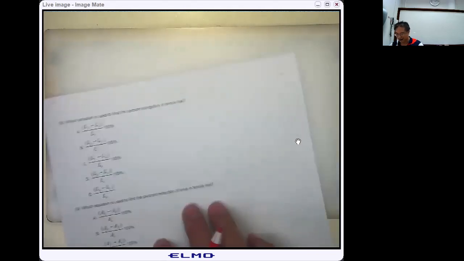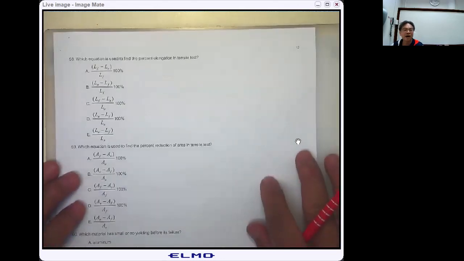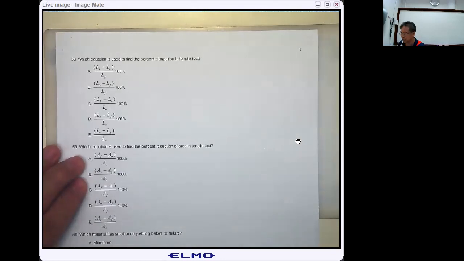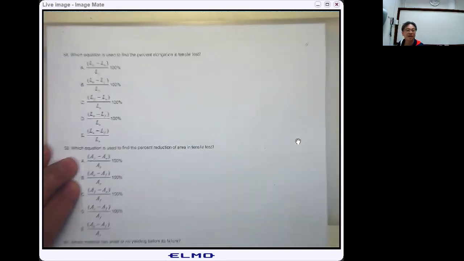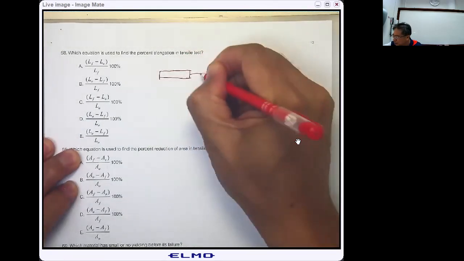And go further to problem 58. In problem 58, which equation is used to find the percent elongation in tension? Okay, we have the tension material.